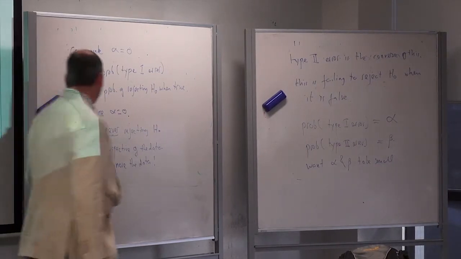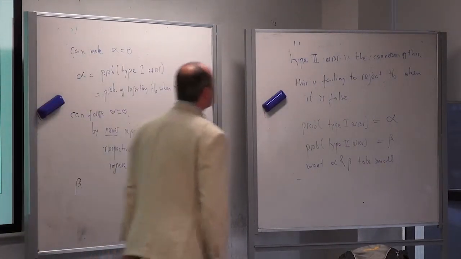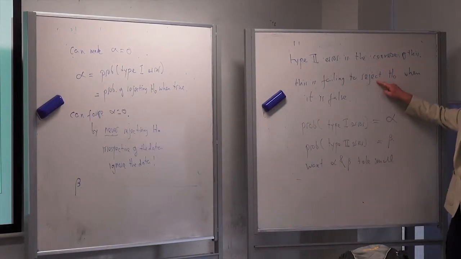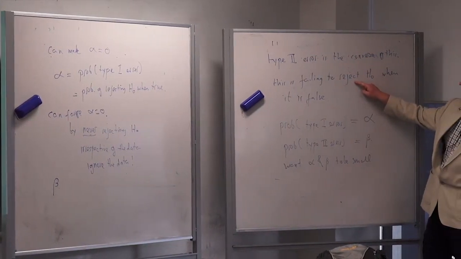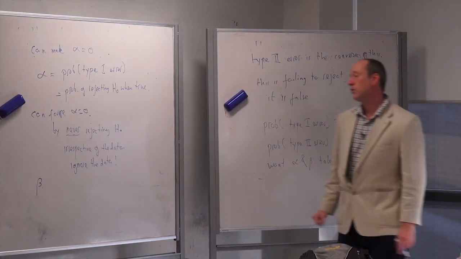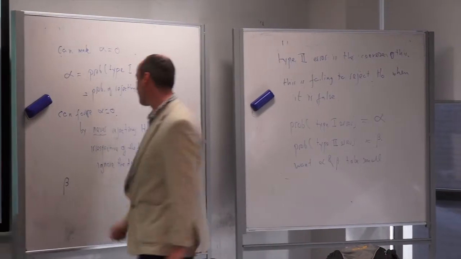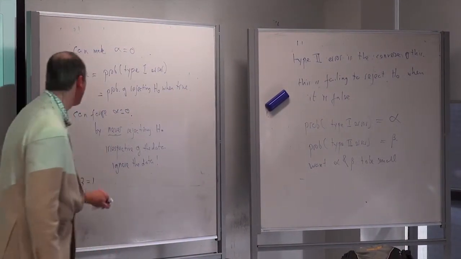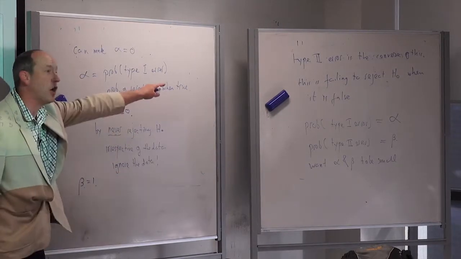Of course, what happens to beta? Beta is the probability of failing to reject it when it's false. So beta equals 1. Why? Because I never reject it. So I can't screw up in the second way.